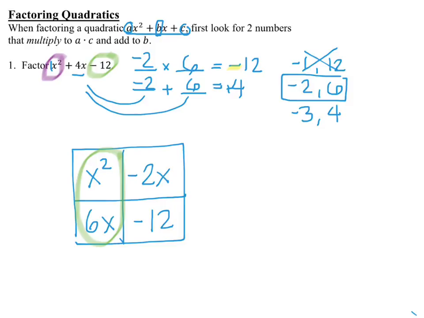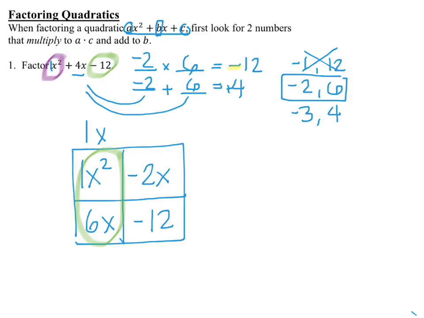I want to know what is the biggest number that I can divide both 1 and 6 by. Well, the only thing I can divide 1 by is just 1. So I'm going to bring up that 1. I then am going to look at my x's. Because I have an x squared on top and an x on bottom, I'm going to bring one of the x's up.